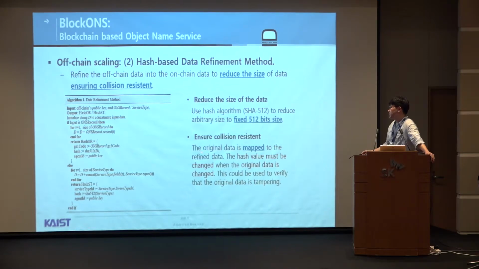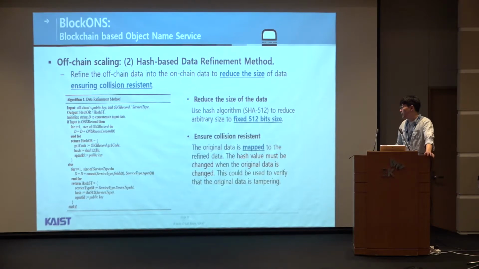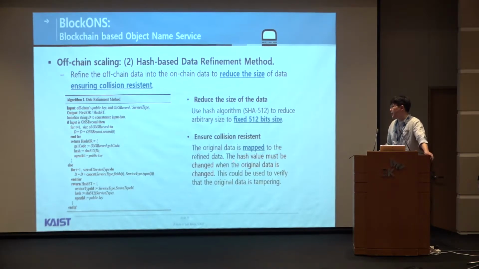The refined data is a hash value, and the hash value must change when the original data is changed. So this feature will be used to verify whether the original data is tampered with or not.